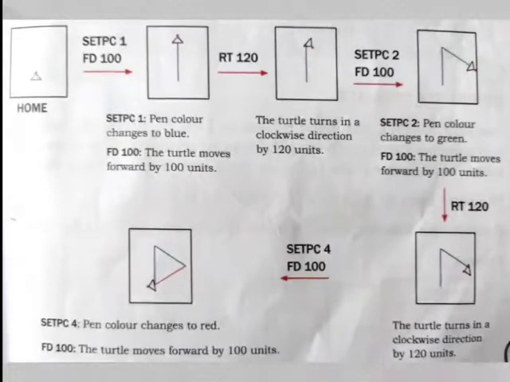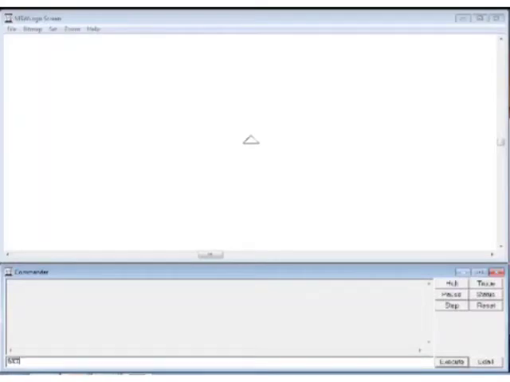Set PC 4. 4 is for red color. So, pen color changes to red and FD 100. The turtle moves forward by 100 units. Students, here you can see the first line is of blue color, second is of green, and third is of red color.